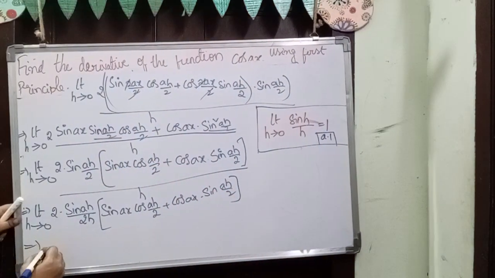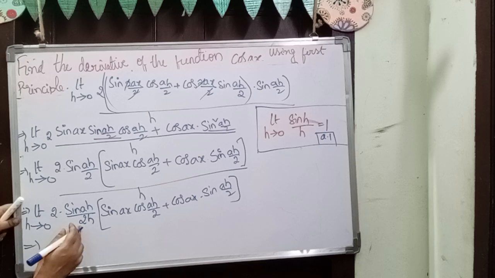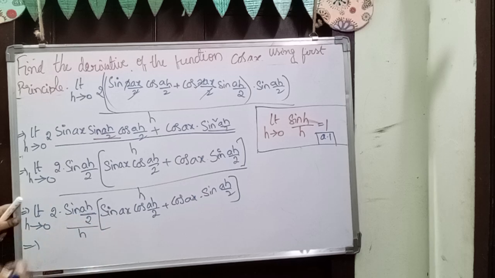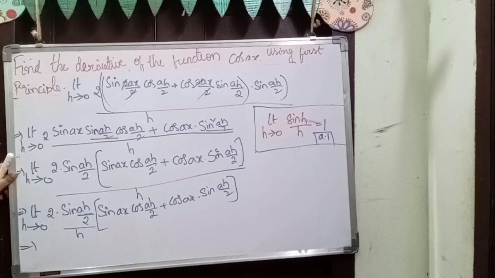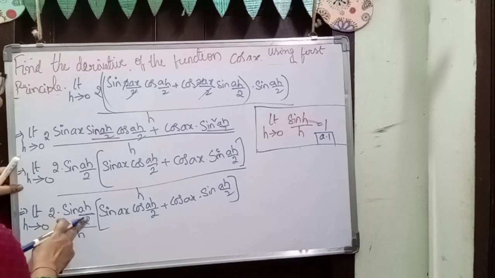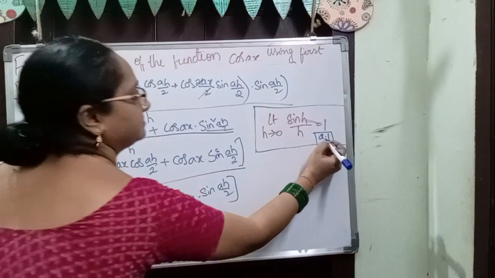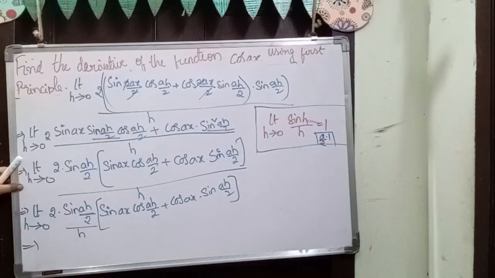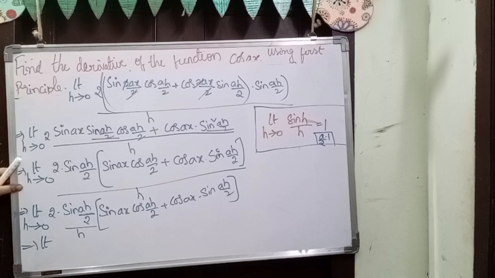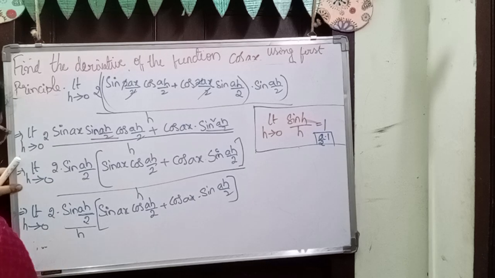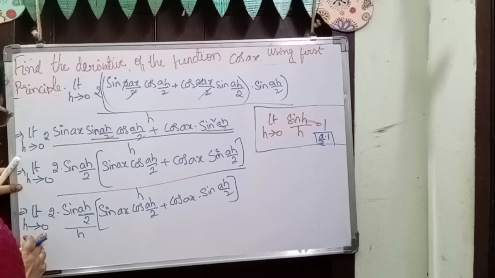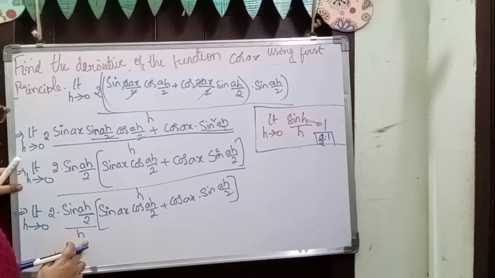Here you will get a by 2. Now substitute the value: this becomes a.